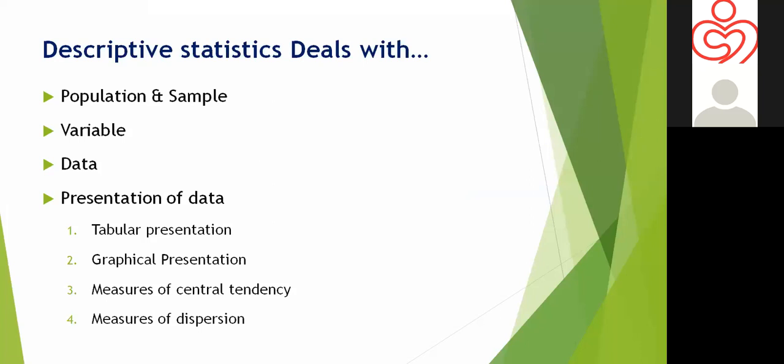Along with this, we should know about the presentation of data also. The methods of presenting data are tabular presentation and graphical presentation. According to the nature of the variables we include in our study, we may need to calculate the measures of central tendency and measures of dispersion also, which we already discussed.